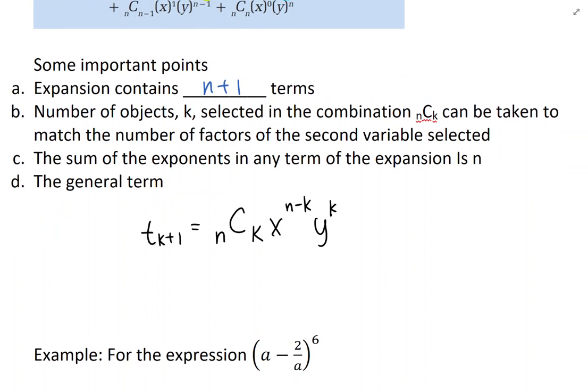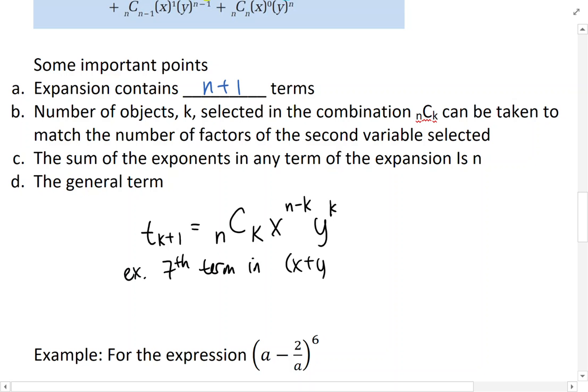So the example I'll have is, let's just say, the 7th term in (x plus y) to the 10, for example, right? So we know we're looking at T7. That's our 7th term. The number that we're choosing from is degree 10, and k is going to be one lower than the term we're looking for. So we're looking for the 7th term, so k is actually 6.